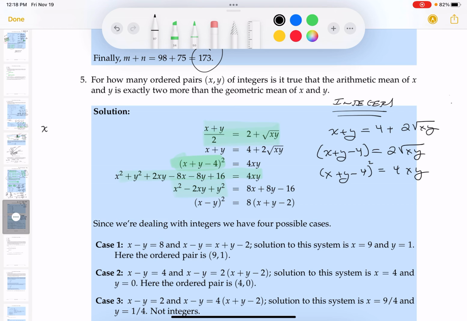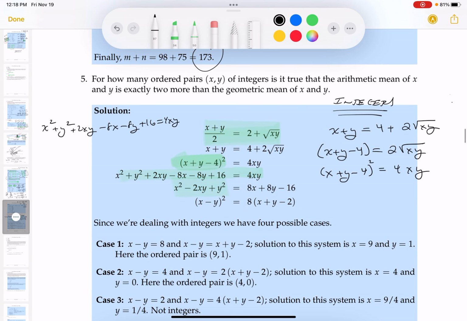If you do expand it, you get x squared plus y squared plus 2xy minus 8x minus 8y plus 16, and that equals 4xy. I would subtract 4xy from both sides. You get x squared plus y squared minus 4xy minus 8x minus 8y plus 16 is equal to 0.